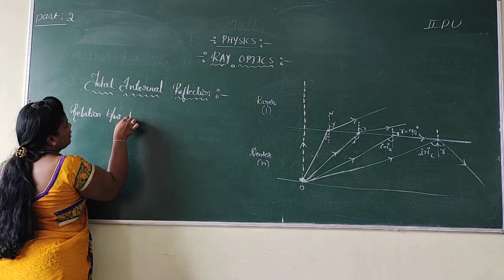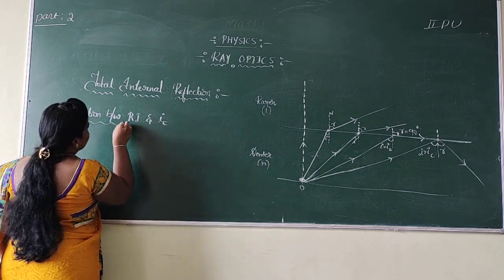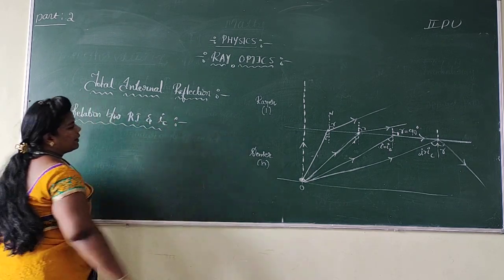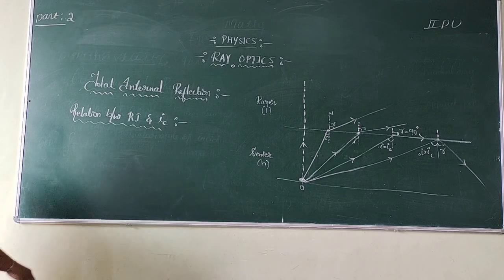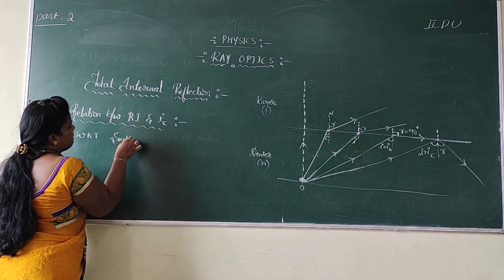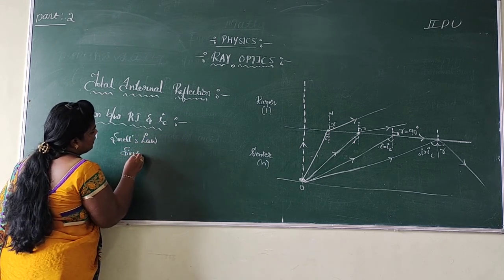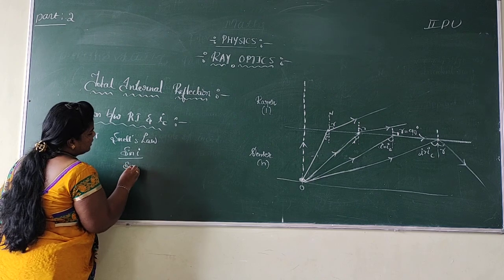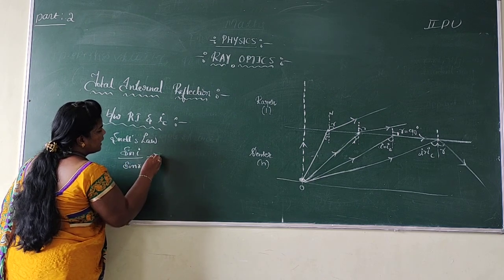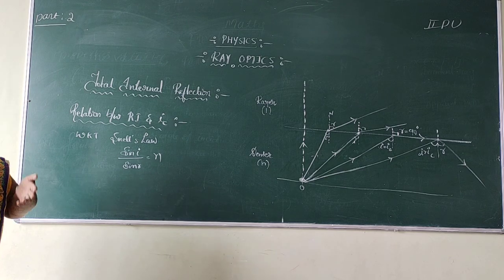Relation between refractive index and critical angle. We know from Snell's law that sin I by sin R can be written as N, that is, the refractive index.